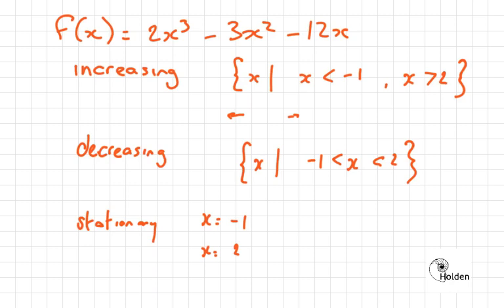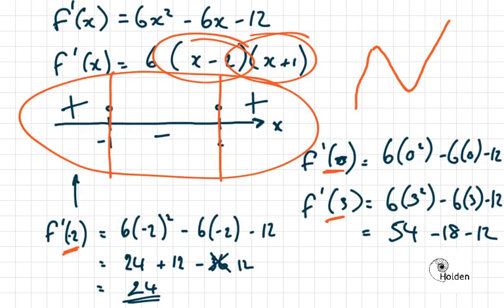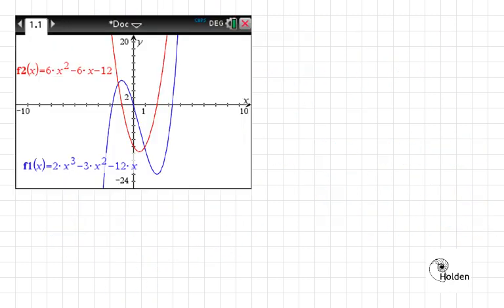So what does that look like visually? If we go back a few, the red is our gradient function, the blue is our function. Okay, so the function is increasing. The red has a big positive gradient. When the red equals 0, that's when our function is at a local maximum or minimum.